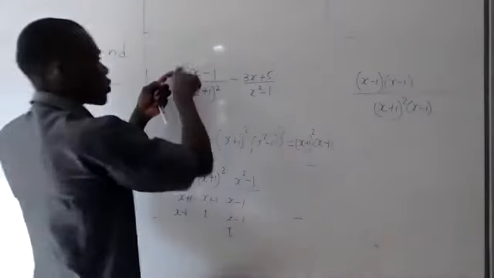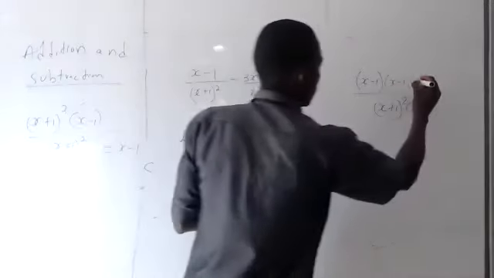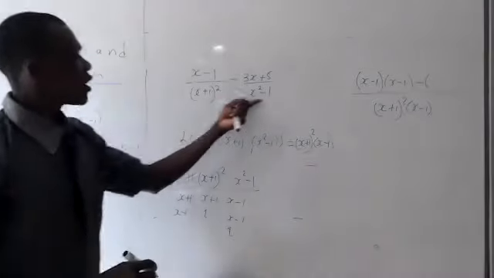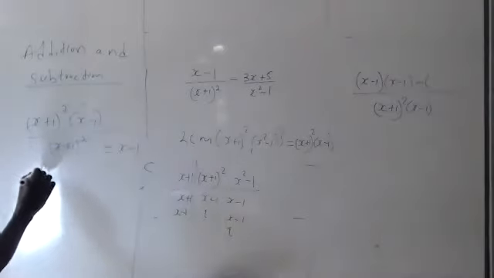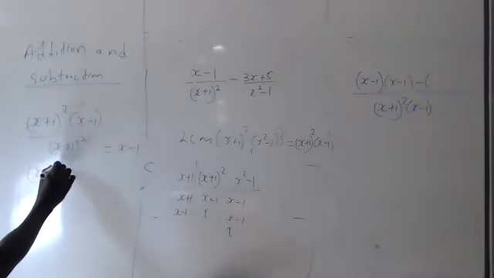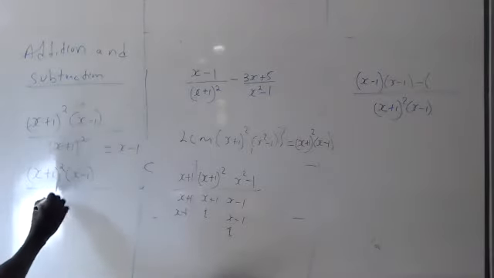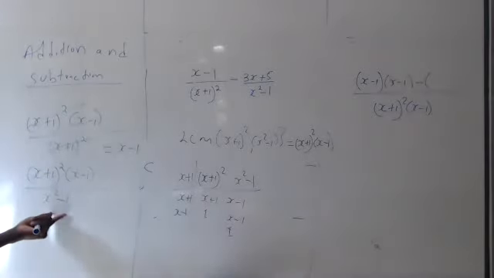So the first x minus 1 is this quotient. The second x minus 1 is what we have in the numerator. Then minus, how many times will x squared minus 1 divide our LCM? So our LCM is x plus 1 squared times x minus 1. We want to divide this by x squared minus 1. The best way to do this is to write x squared minus 1 as x minus 1 times x plus 1.